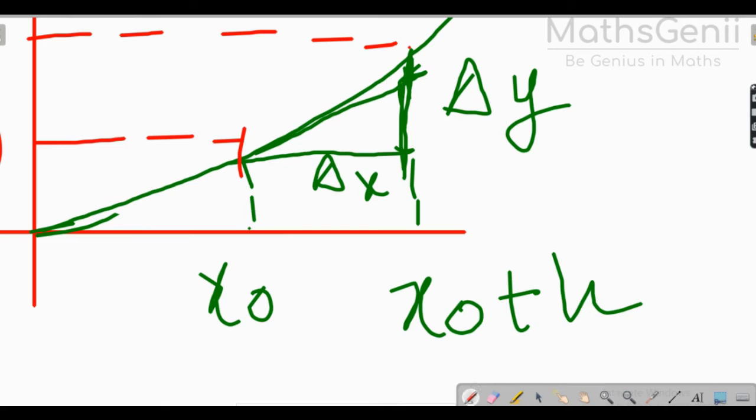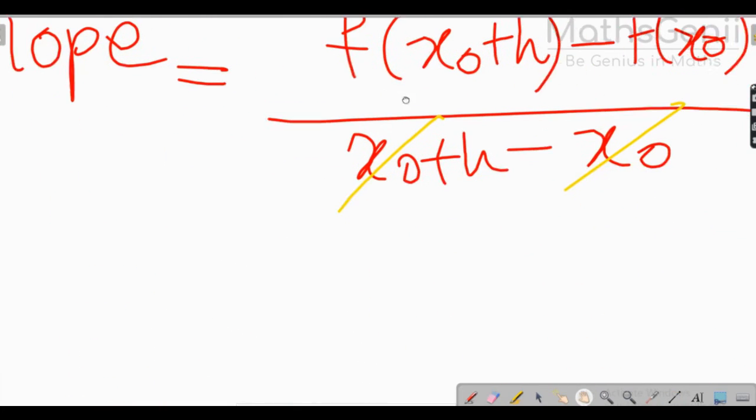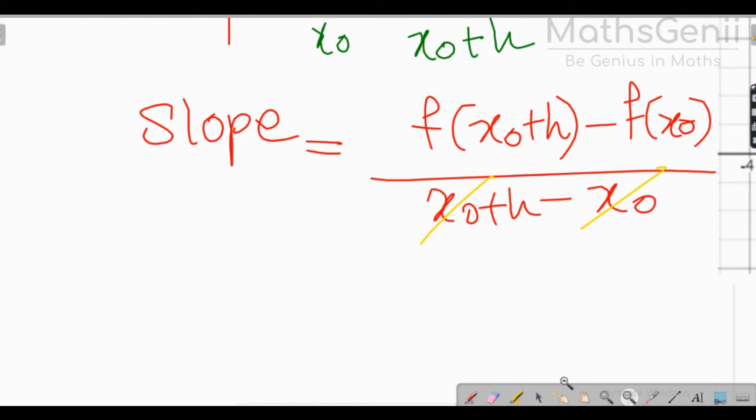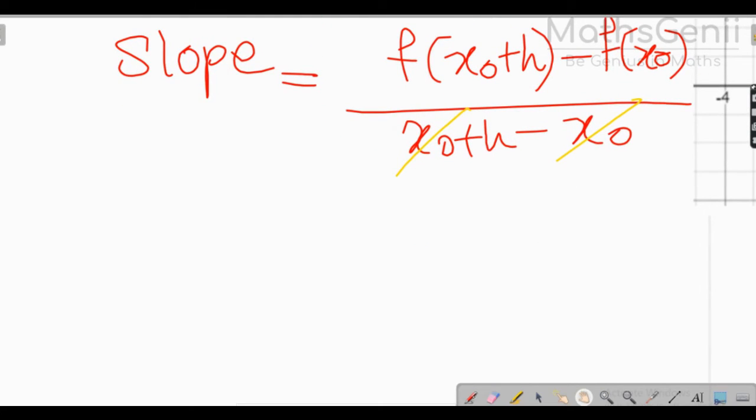If I'm coming very, very close to this point, with h tending to 0, and I want to find the rate at this particular point, for example h is 0.00001, very close to 0, that is when limit comes into the picture, when you want to find the instantaneous rate and h is approaching very, very close to 0.